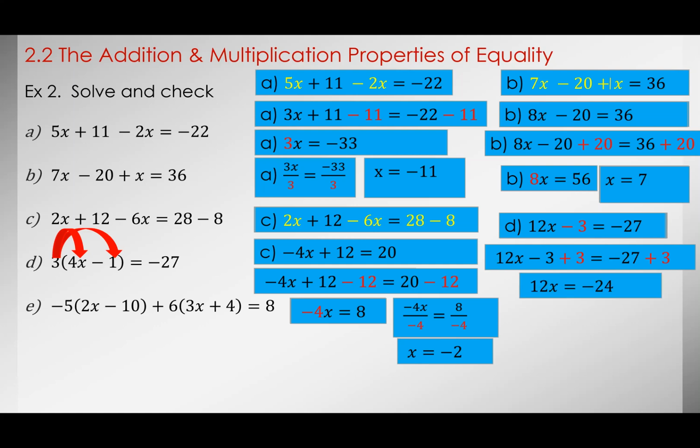My new problem after this step is 12x equal to negative 24. To get rid of the 12, I need to divide. If I divide negative 24 by 12, do you agree that x is equal to the same answer as C, which is x equal to negative 2? Okay, so to get rid of parentheses, we need to distribute them in.